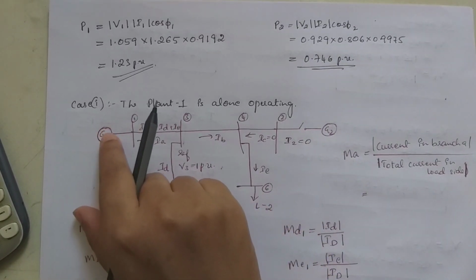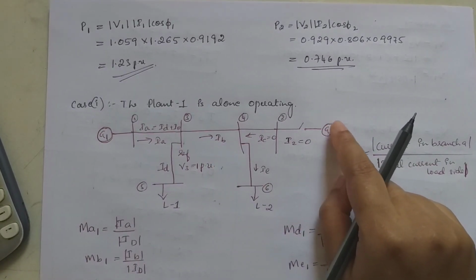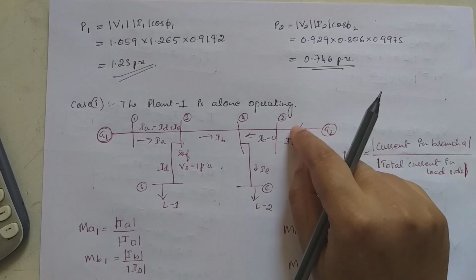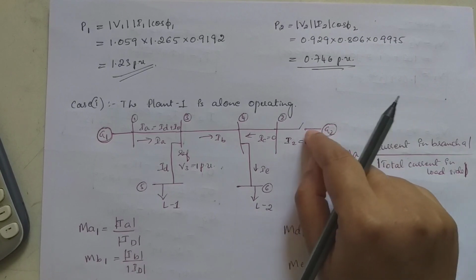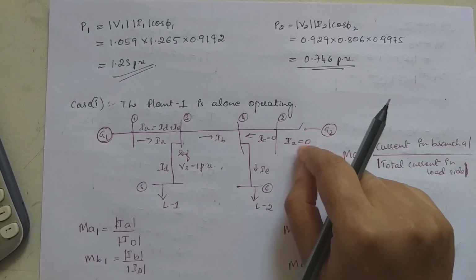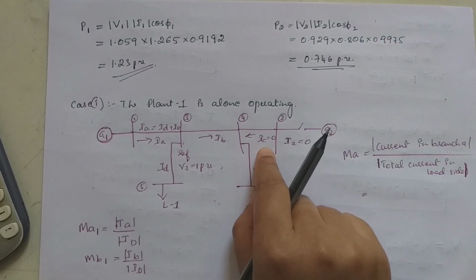When plant 1 supplies the load alone, plant 2 is out of operation. Here there should be an open circuit, right. So when there is an open circuit, the current through this branch, which is I2, is equal to 0. When this current is 0, IC will be 0.